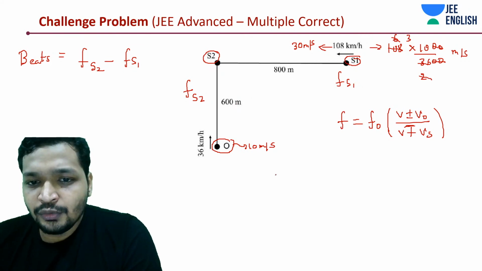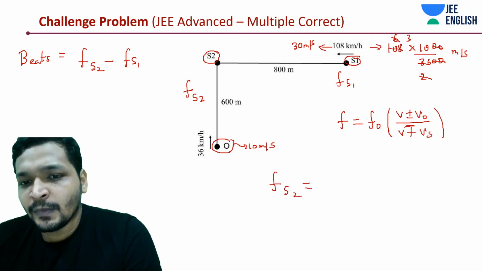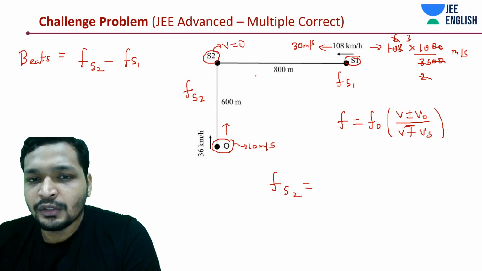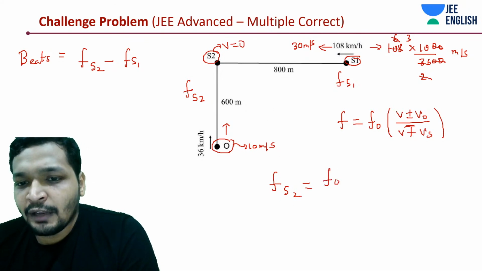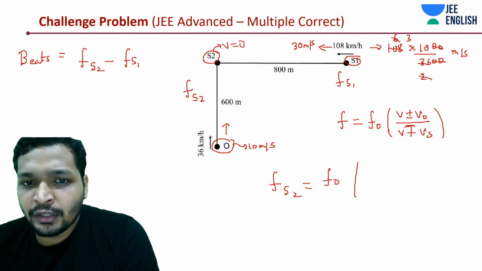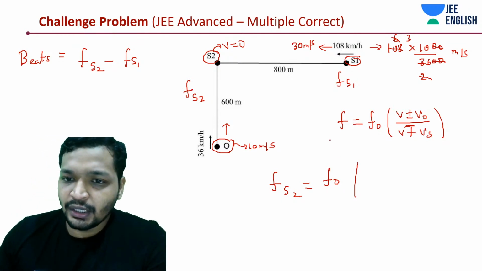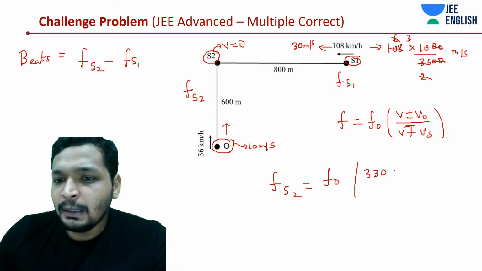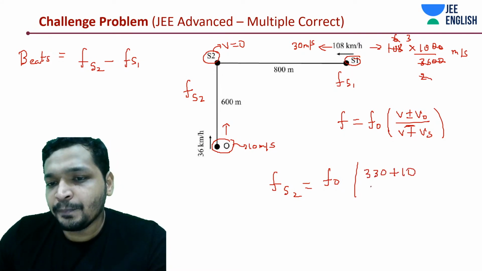Now one thing is we'll start analyzing with the frequency of FS2, because that is simple. It's only 10 meters per second this way, and the observer is stationary, so this is 0. This is going to be F0 into, moving towards, frequency should increase, 330. What is this, the speed of sound? 330 plus 10.